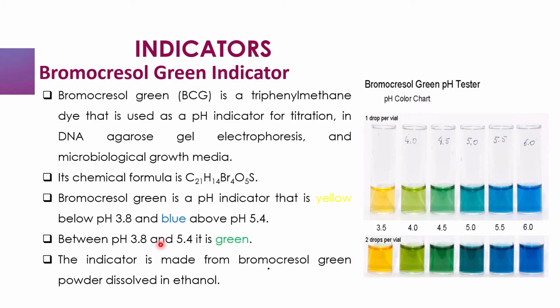In between pH 3.8 and 5.4 it is green. As we can see from the pH color chart, between pH 4.0 and 5.0 it has different shades of green as seen here. The indicator is made from bromocresol green powder dissolved in ethanol.